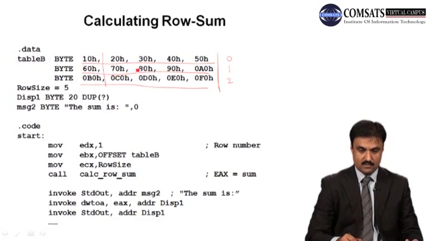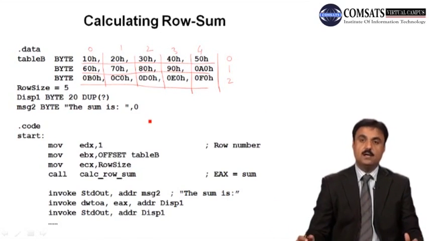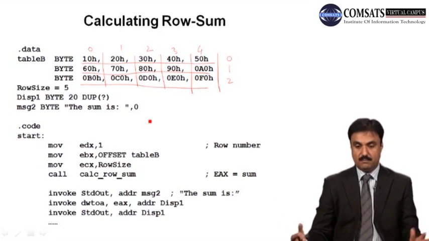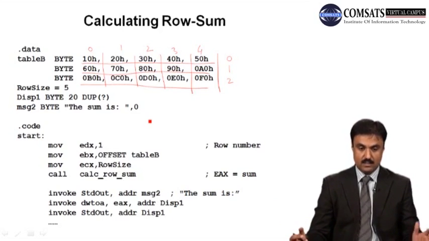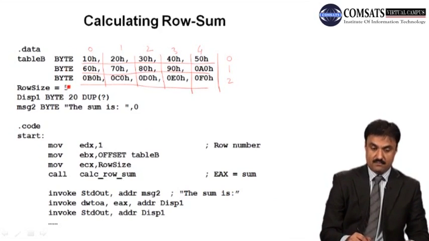We have 5 columns with indexes 0, 1, 2, 3, and 4. This is the abstraction level: we assume that these are the columns and these are the rows, and the row size is equal to 5.